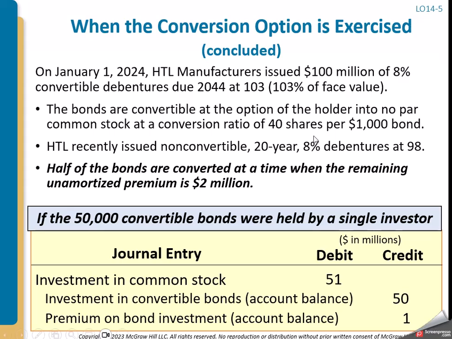And then this would be on the other side of it, right? So this is the person who holds the investment. So they're getting now an investment in common stock, taking it out of their investment in the convertible bonds.